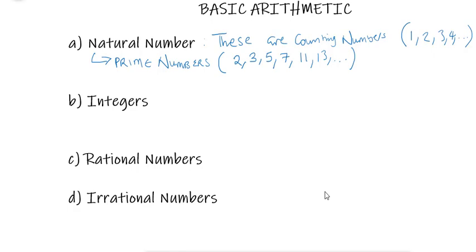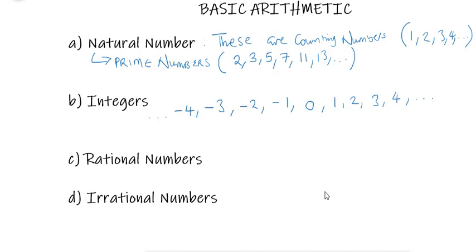Those are natural numbers. And then apart from that, we have what we call integers. Integers are numbers that you see on the number line, or I can say natural numbers with negatives. What I mean is that for integers, we'll have something like this: -4, -3, -2, -1, 0, 1, 2, 3, 4, and so on.